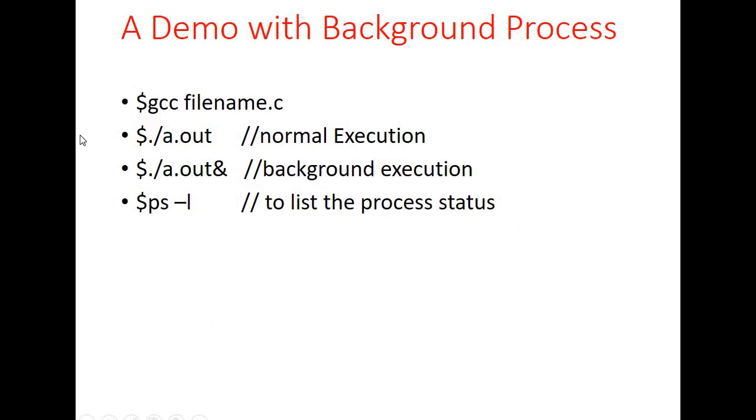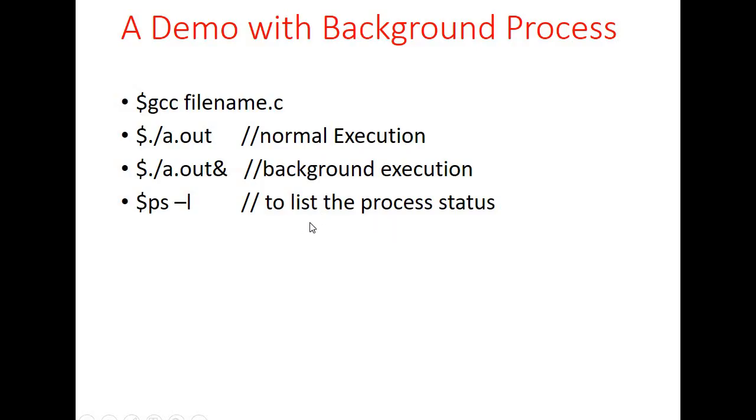Let us execute a zombie process using a C program. To understand a zombie state process, we need to execute the program in the background. Generally, ./a.out is for normal execution of the C program in the operating system. ./a.out with the ampersand symbol makes the process execute in the background so that the user will be provided with a $ prompt where we can enter the ps -l command to list the currently running processes in the system.